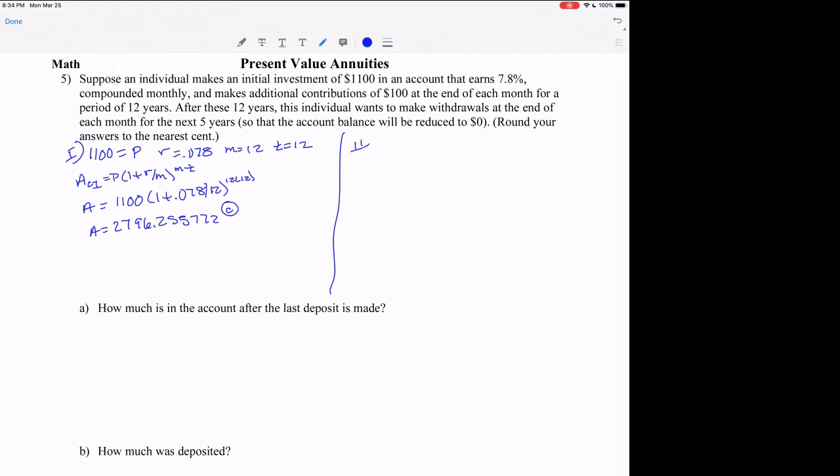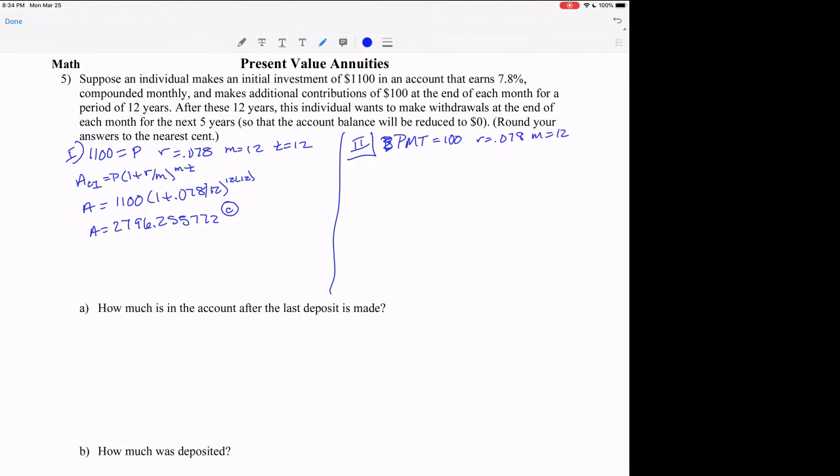Then we have a second thing. In other words, this is something like a mutual fund where it takes $1,100 to open the account, but then at the end of each month, you're going to make payments of $100. Your interest rate is still going to be 0.078.